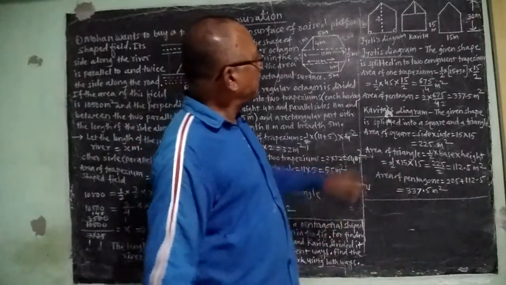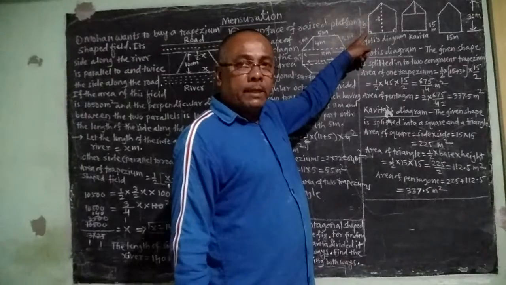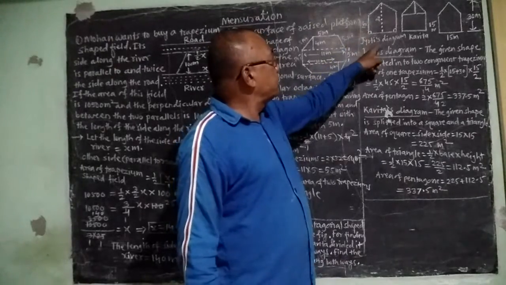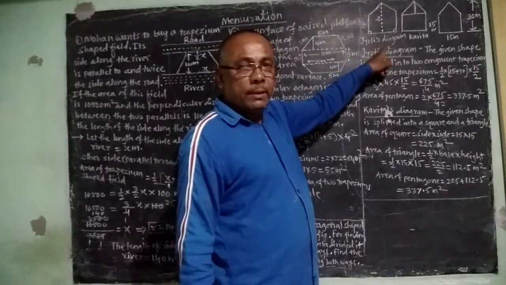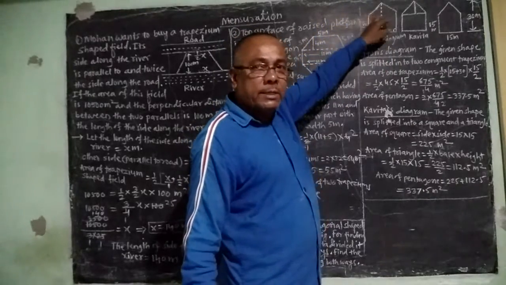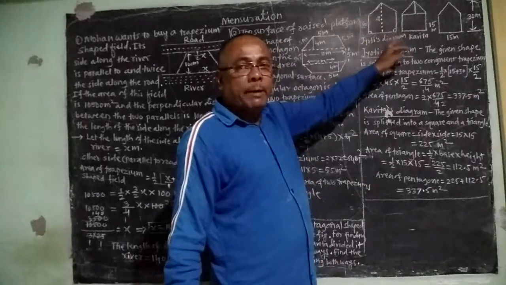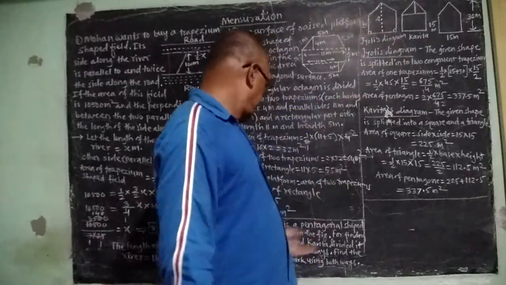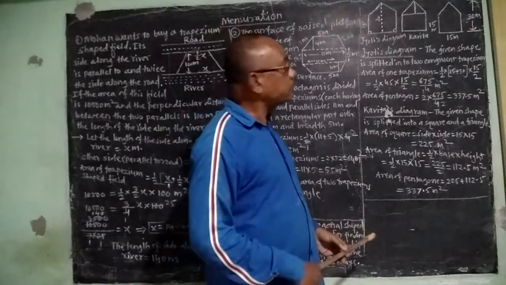Now, here the first figure is Jyoti's diagram, in which she draws a perpendicular from the vertex to the base of the pentagonal shaped park.